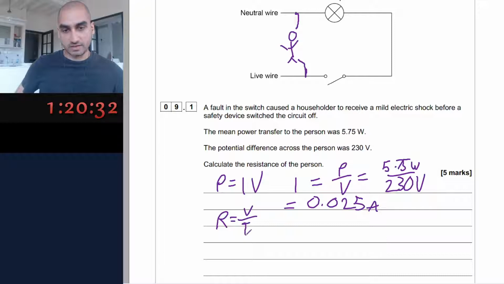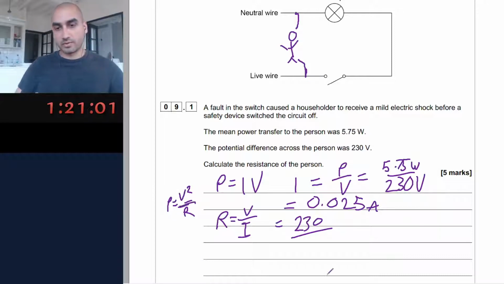Resistance equals V over I equals 230 over... Oh, so it's P equals I squared R, isn't it? Oh, no, what was IV? P equals V squared over R. Anyway, we're going to get there.